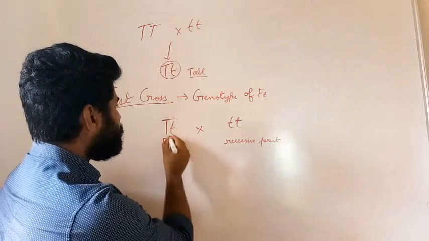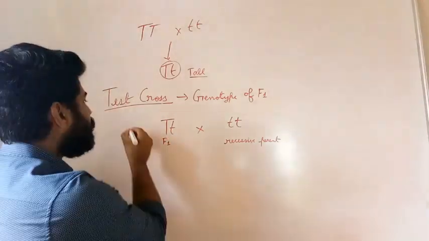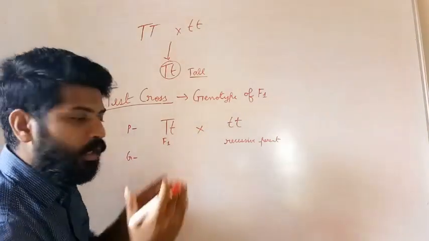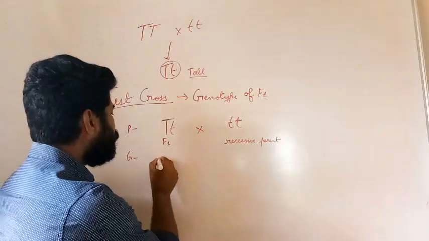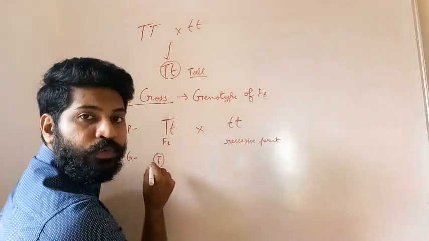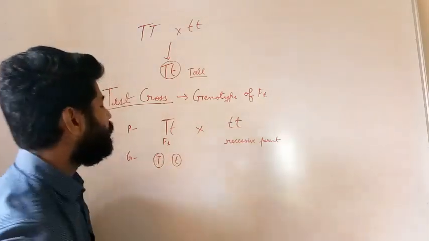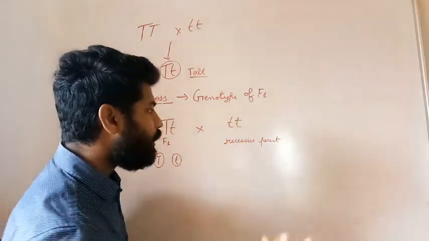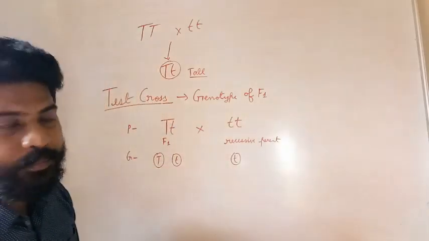And when we do this, according to the law of segregation, during gamete formation, alleles will separate into different gametes. So here there are two alleles. One gamete will receive the dominant allele, another gamete will receive the recessive allele. In the recessive parent, both alleles are the same, so all the gametes will receive only one type of allele.